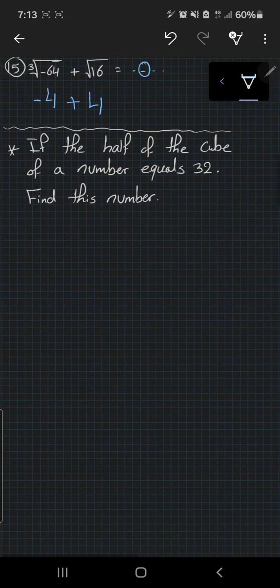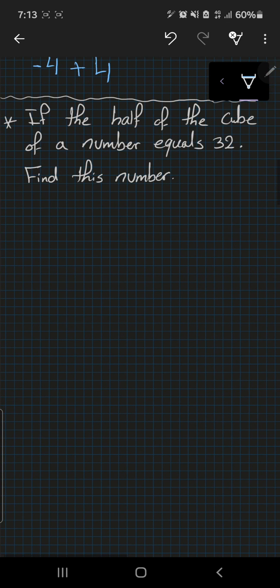We have some examples. If the half of the cube of a number equals 32, find this number. What's this meaning? We want to get the number, so let the number be x.